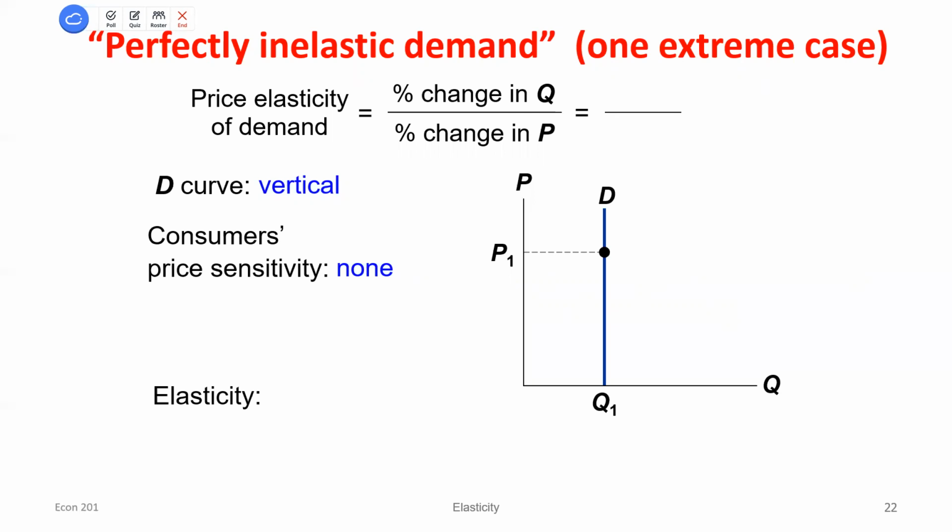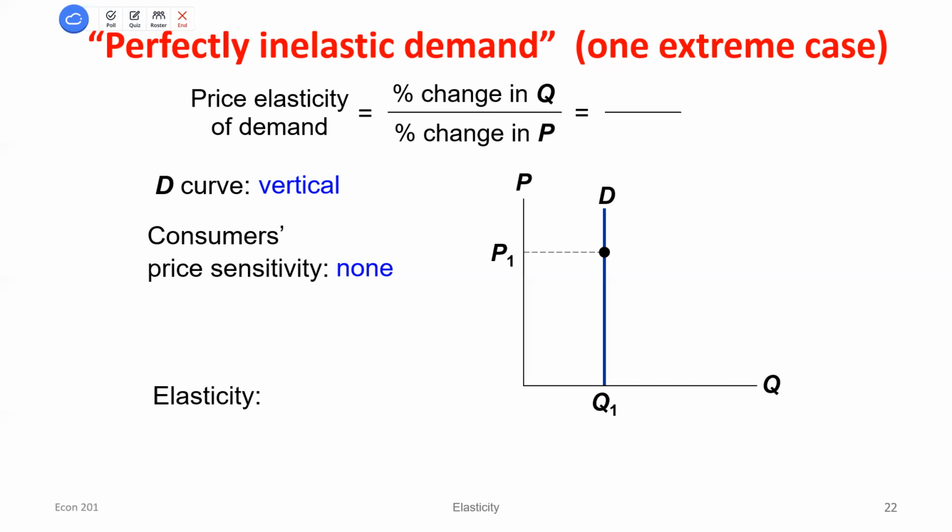If I take that price at 50, and let's say the quantity demanded was 50 units, and I increase the price all the way up to 100, a very large percentage change in the price, and I'm completely unresponsive, my new quantity demanded is exactly the same. Perfectly inelastic means I don't respond at all to price changes.